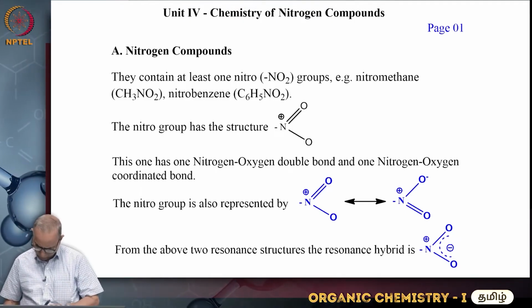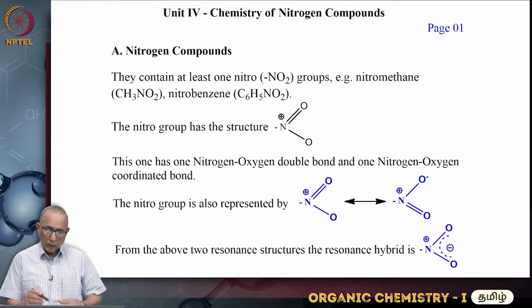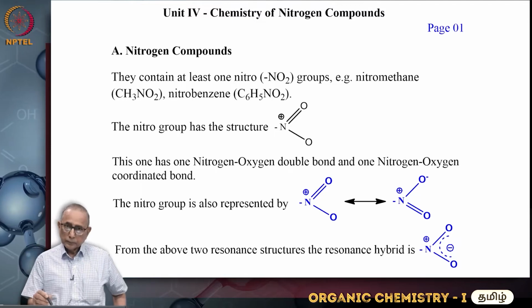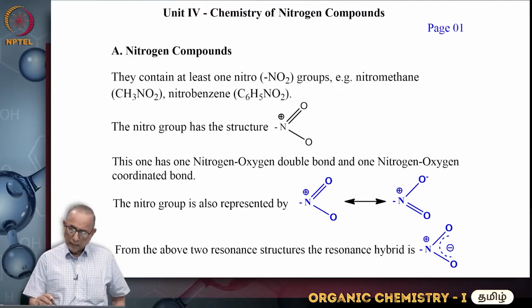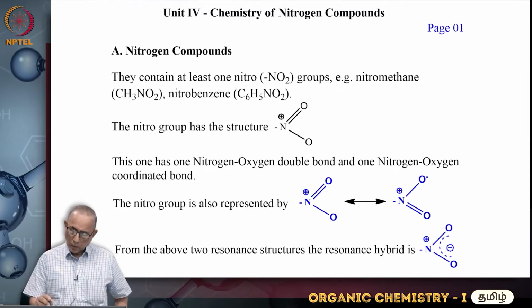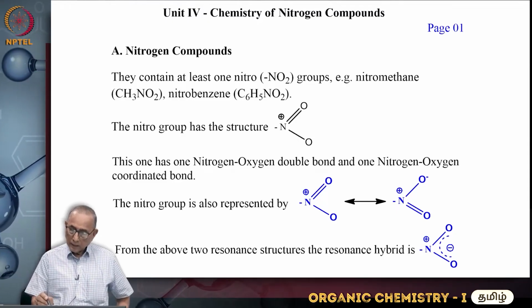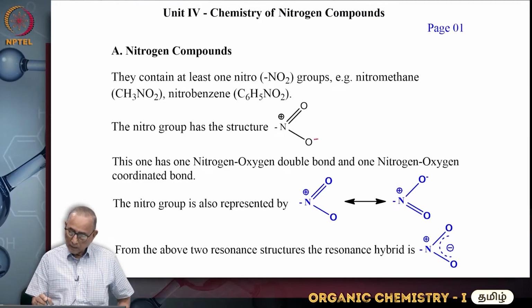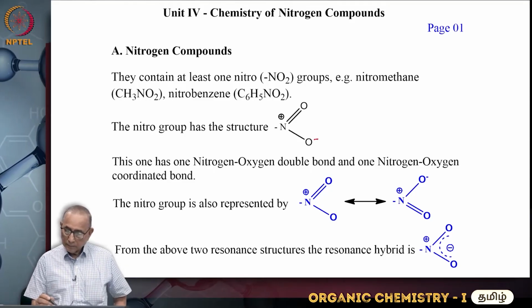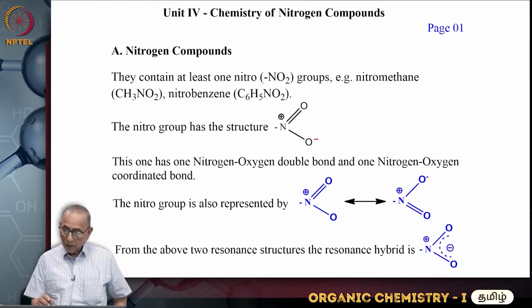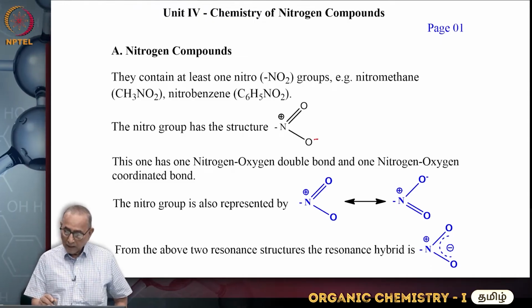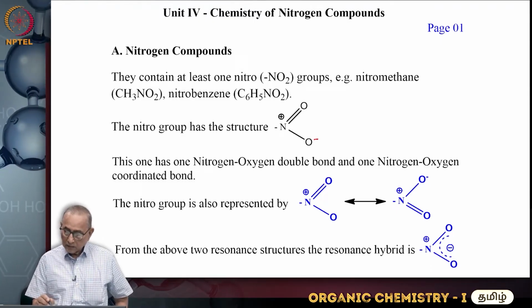The following group, this is the nitro group. Single bond N plus, double bond O, single bond O minus. This is a double bond, this is a coordinate bond. In the coordinate bond, the nitrogen with the lone pair reacts with oxygen.